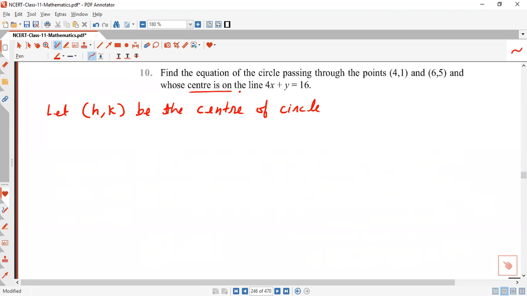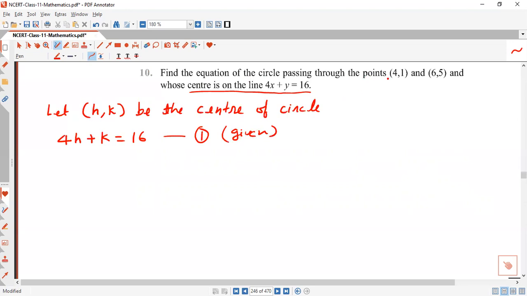The question says the center is on the line, which means h comma k will satisfy the equation of the line. So this becomes 4h plus k equal to 16. This is equation number 1, and it is given in the question.